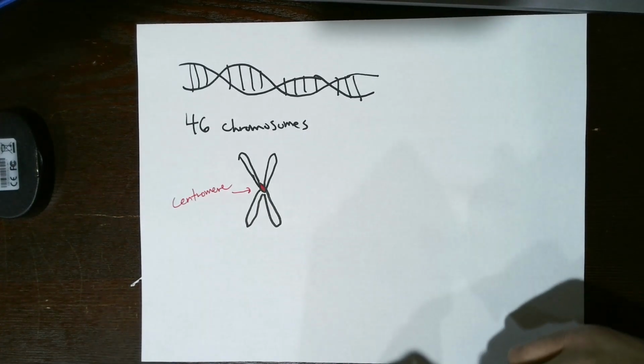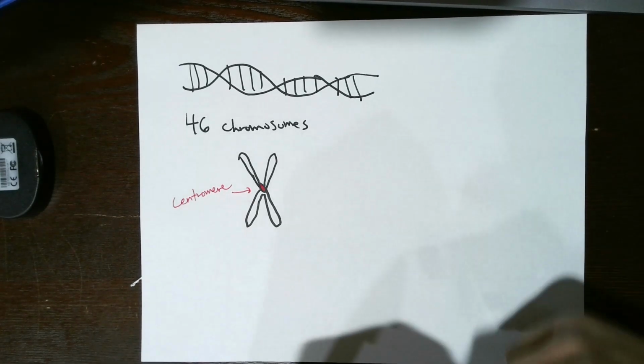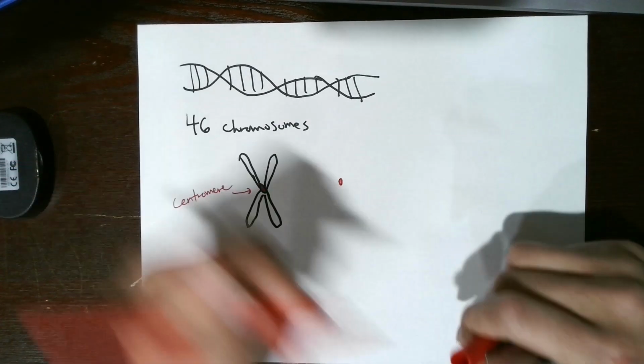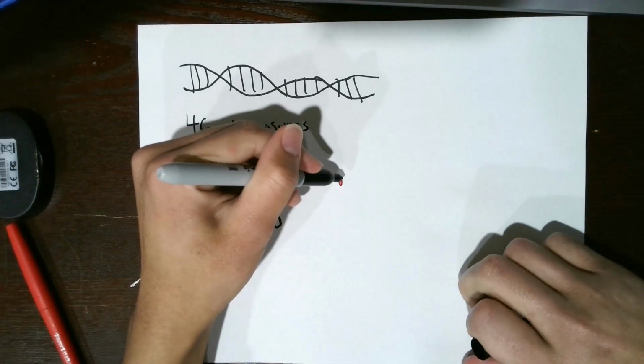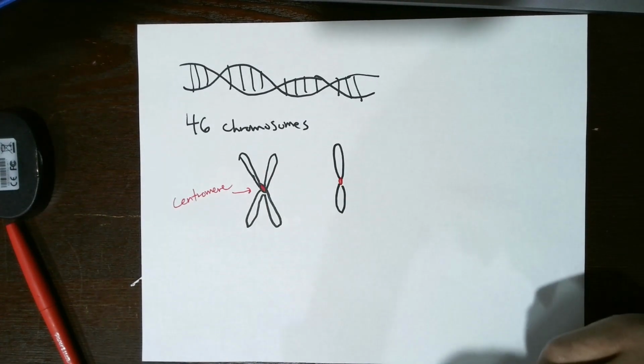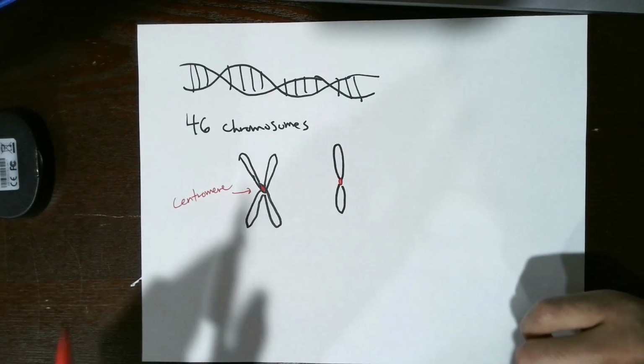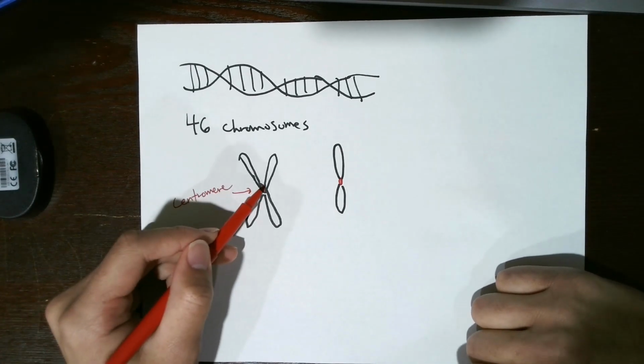So when we count chromosomes, we count them by the number of centromeres. And the reason is because sometimes in the body, chromosomes look like this. Sometimes they might look like this. It depends on which stage of the cell cycle you catch the cell during. So the way scientists define it, this is one chromosome because it has one centromere.